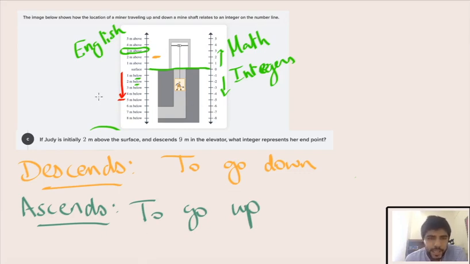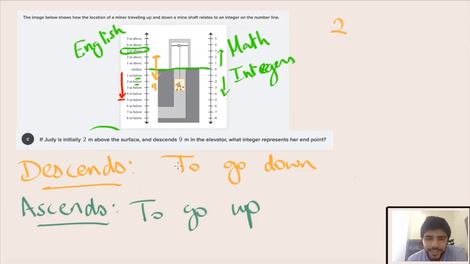All right. So Judy is initially at 2 meters above the surface. So Judy is right here, and descends. So she heads downwards 9 meters. 9 meters in the elevator. What's her endpoint? So she starts at 2. That's where she is. She's at +2.